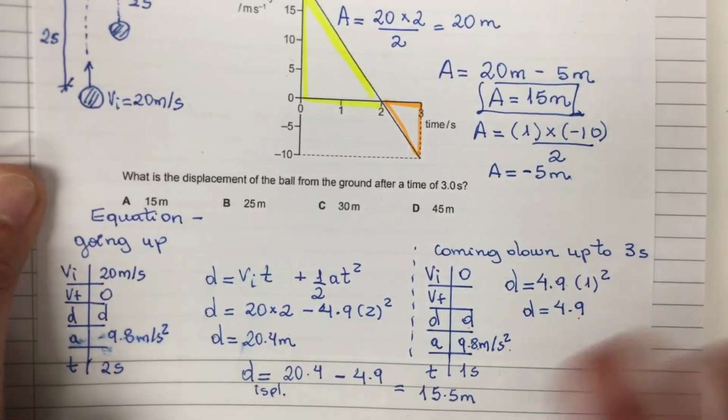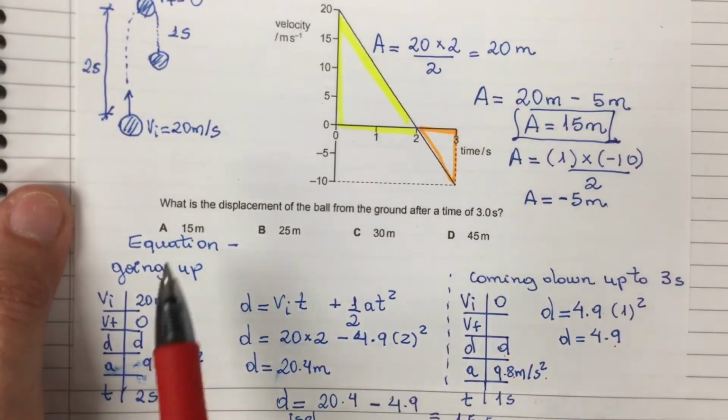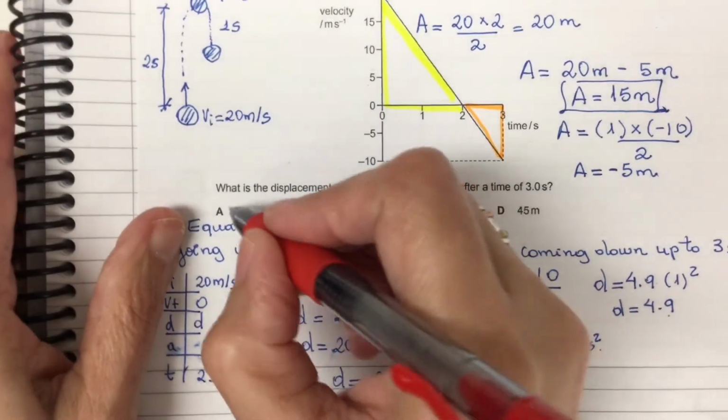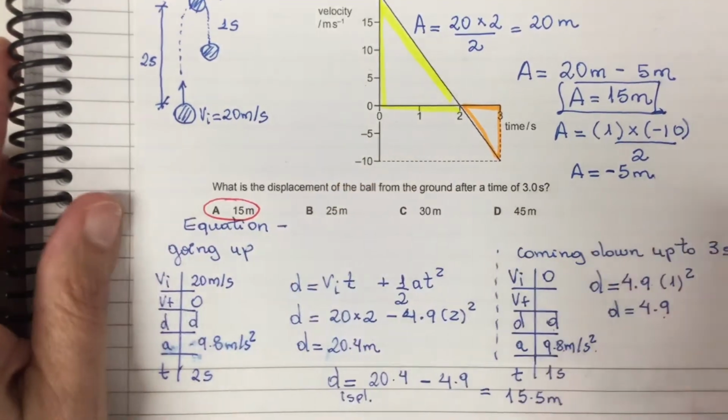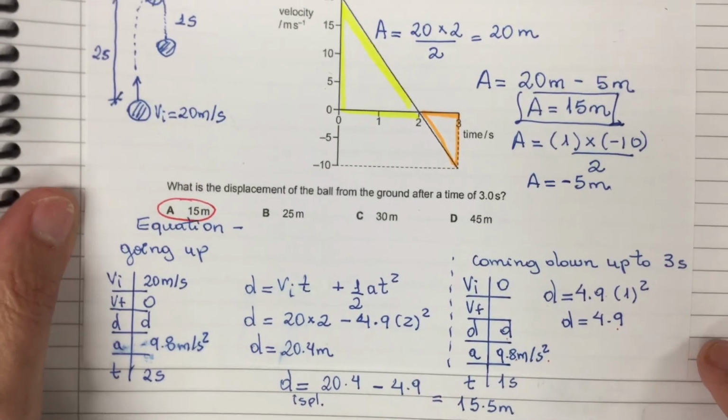It's a little bit different from the one that we obtained graphically, but the option closest to this value is also 15 meters. So there are two ways to answer this question. You pick the one that is easier for you to understand.